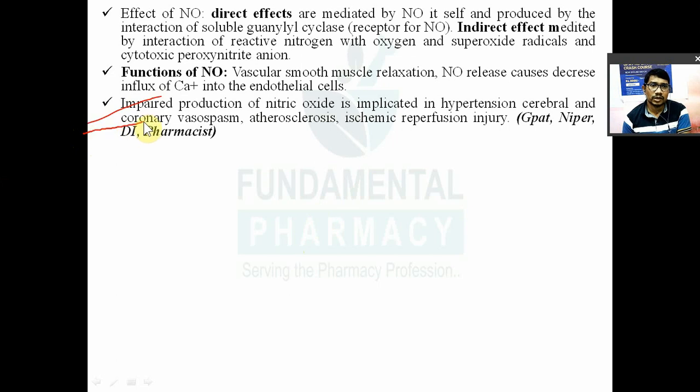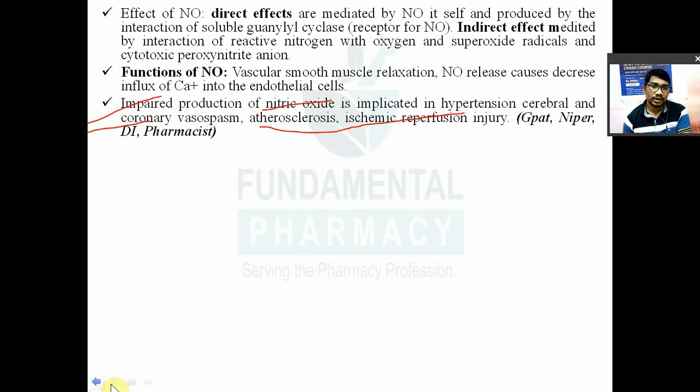Cerebral blood vessels constrict, किसके कारण? ये impaired है, कम produce हो रहा है. There is defective production of nitric oxide in hypertension, cerebral and coronary vasospasm, also in arteriosclerosis and ischemic reperfusion injury.